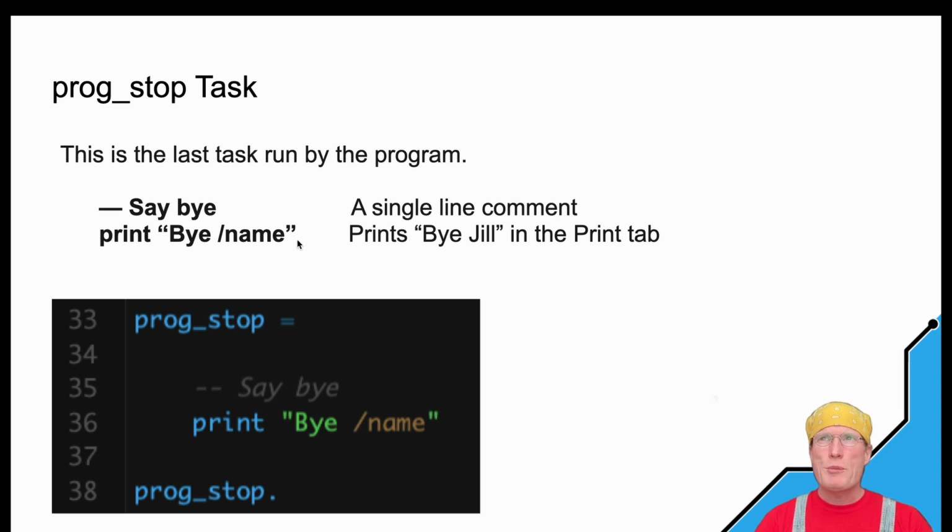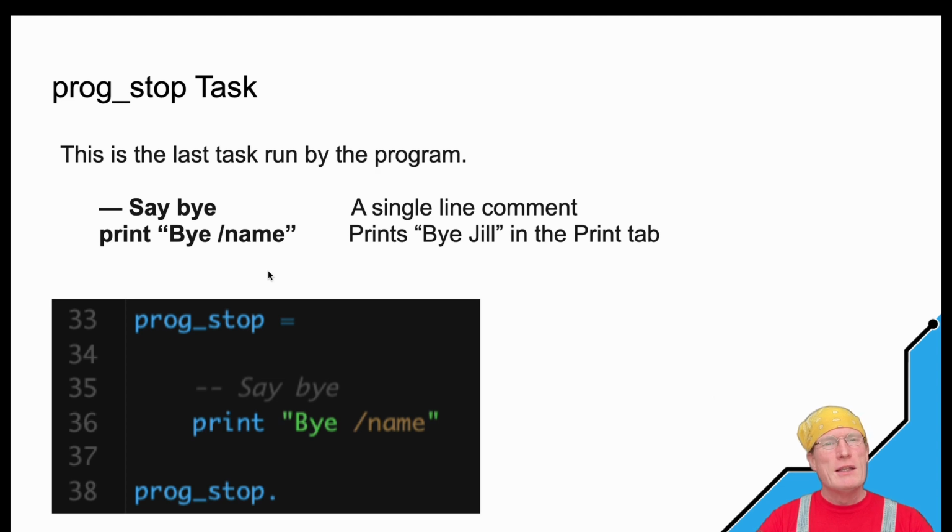Unlike the previous Hello World program, which literally just said by, our one says by Jill, because the last value we had set the name variable to was Jill. And so there you have it. Again, it changes the behavior of the program just by changing the value of the variable.